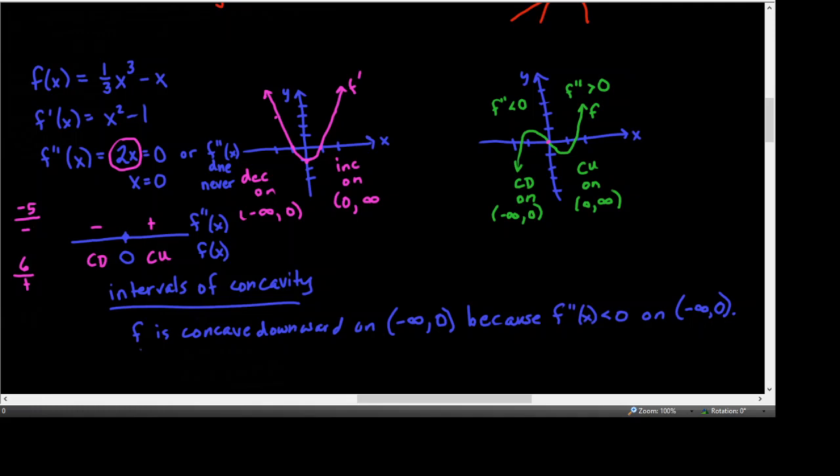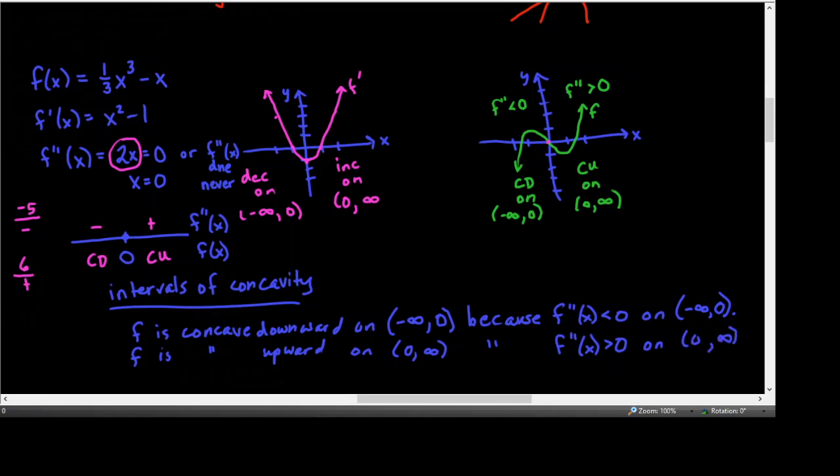By the same token, f is concave upward on the interval from 0 to infinity, because f double prime is positive on that interval, 0 to infinity.